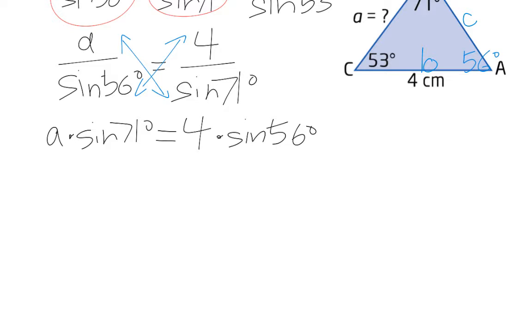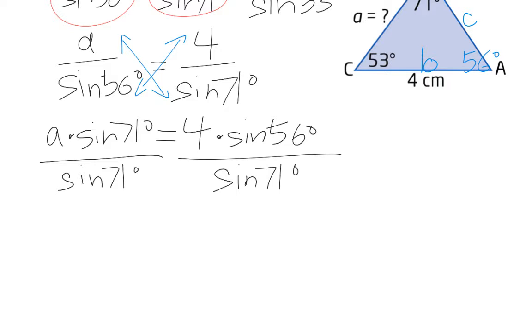You'll notice that the operation in between these is multiplication. So the opposite of multiplication is division. And you want to divide both sides by the sine of 71 degrees. Those cancel out, which just leaves you with A is equal to 4 times the sine of 56 degrees divided by the sine of 71 degrees.